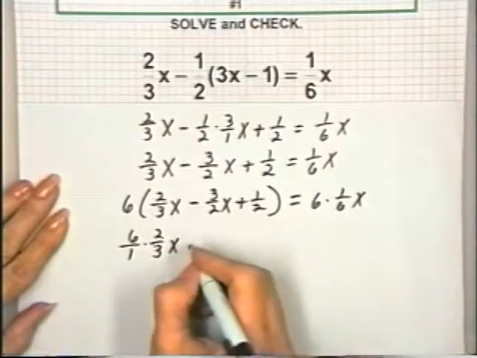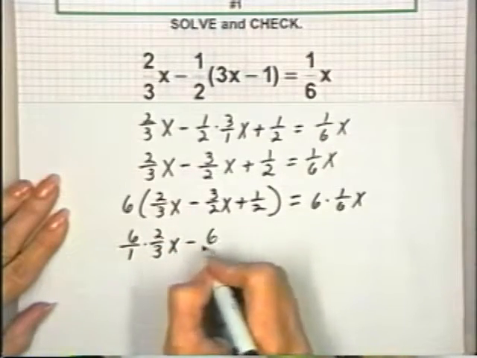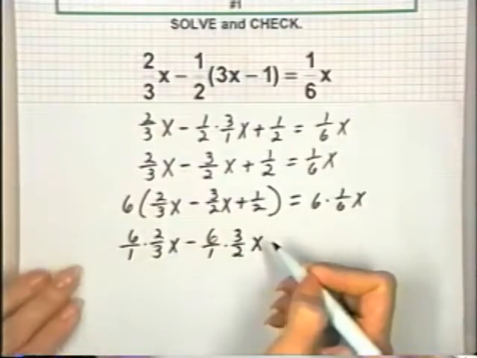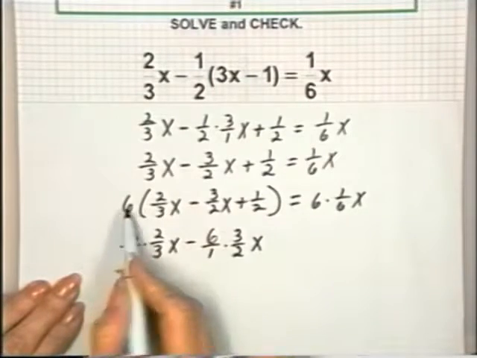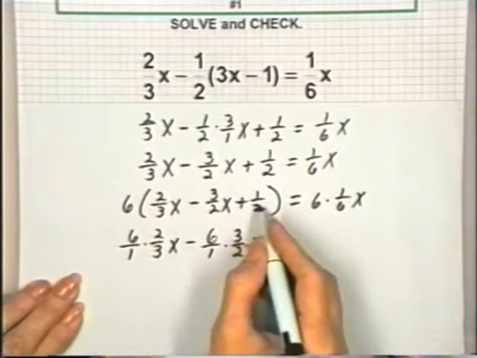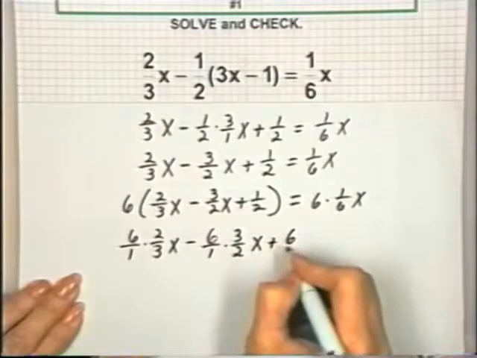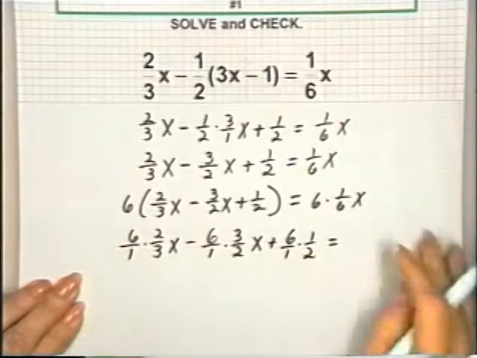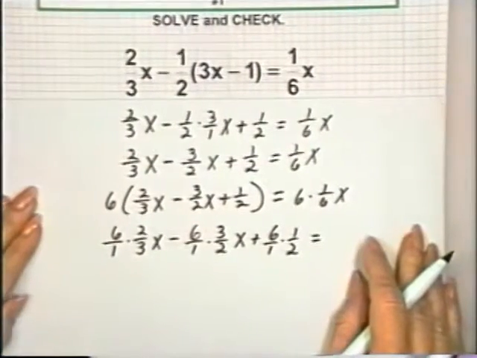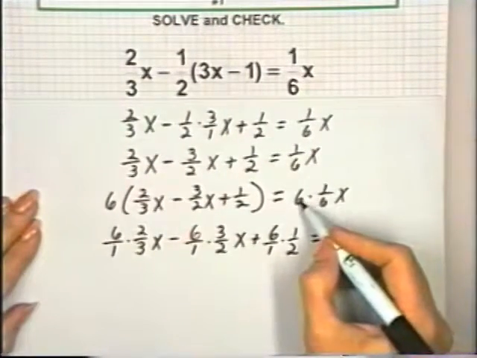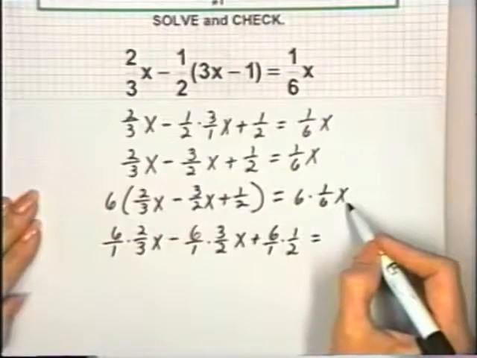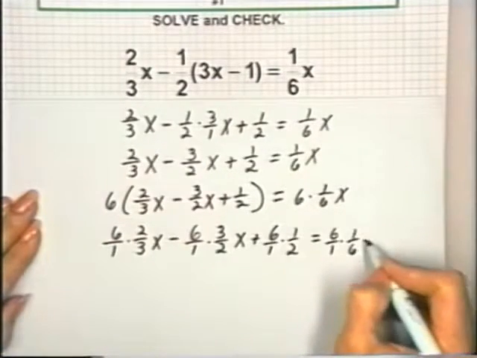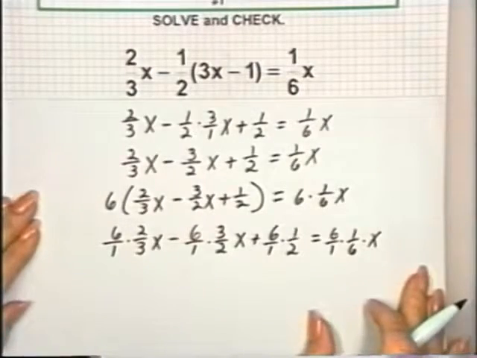A positive times a negative is a negative. I will say 6/1 times 3/2 x. And then I will distribute the 6 to the 1/2. A positive times a positive is a positive. I will write 6/1 times 1/2 equals. Now on the other side of the equation, I am multiplying 6 times 1/6 times x. So I will write 6/1 times 1/6 times x.